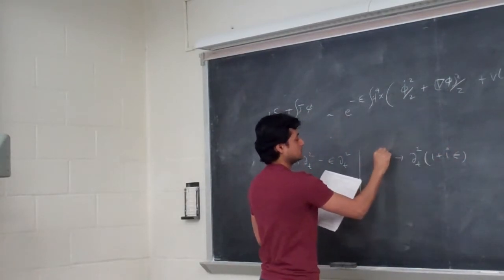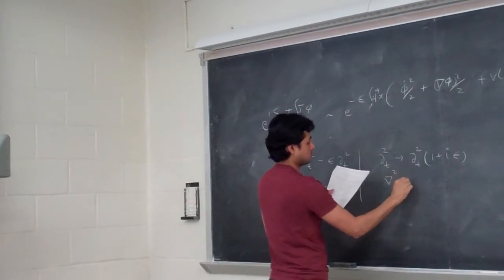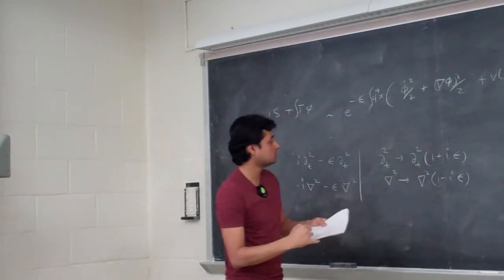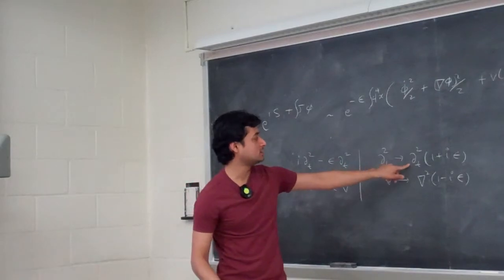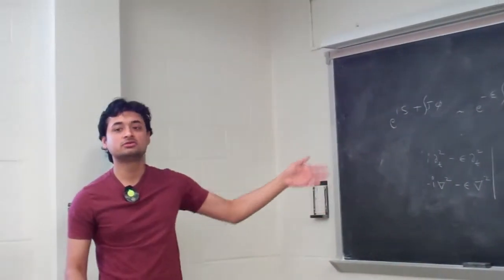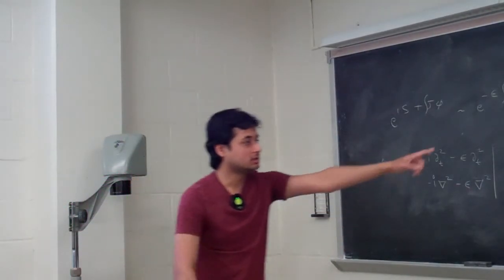So dt squared, and grad squared goes to grad square times (1 minus i epsilon). Because if so, i dt square becomes i dt square minus epsilon dt square. That's what we want, right? So this is what we should change in the answer over here.